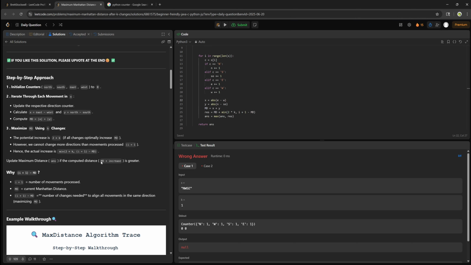The difference is the number of changes needed to align all movements in the same direction.